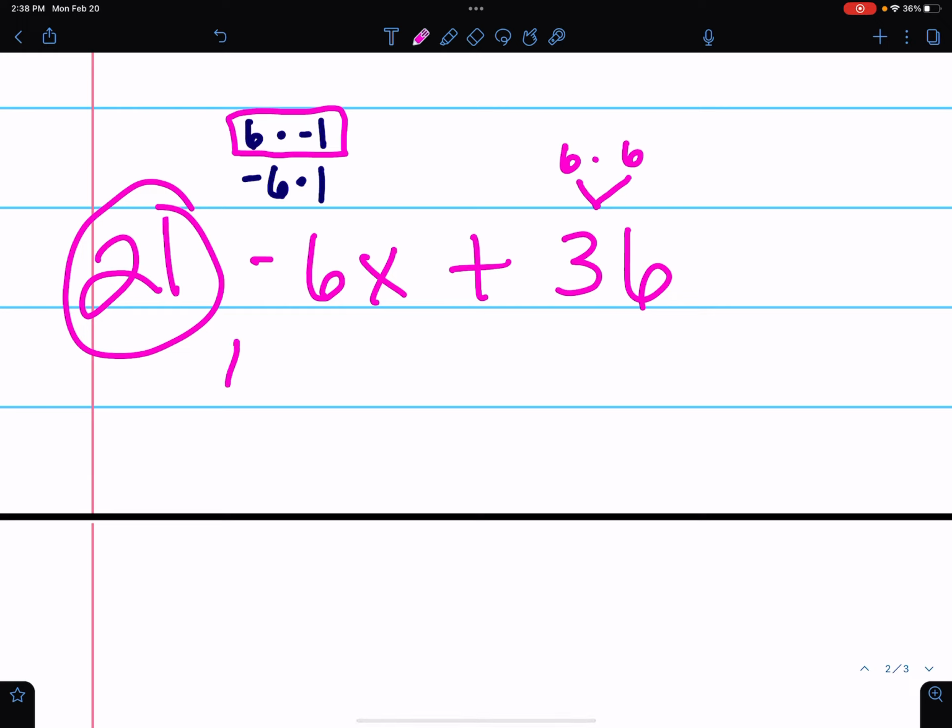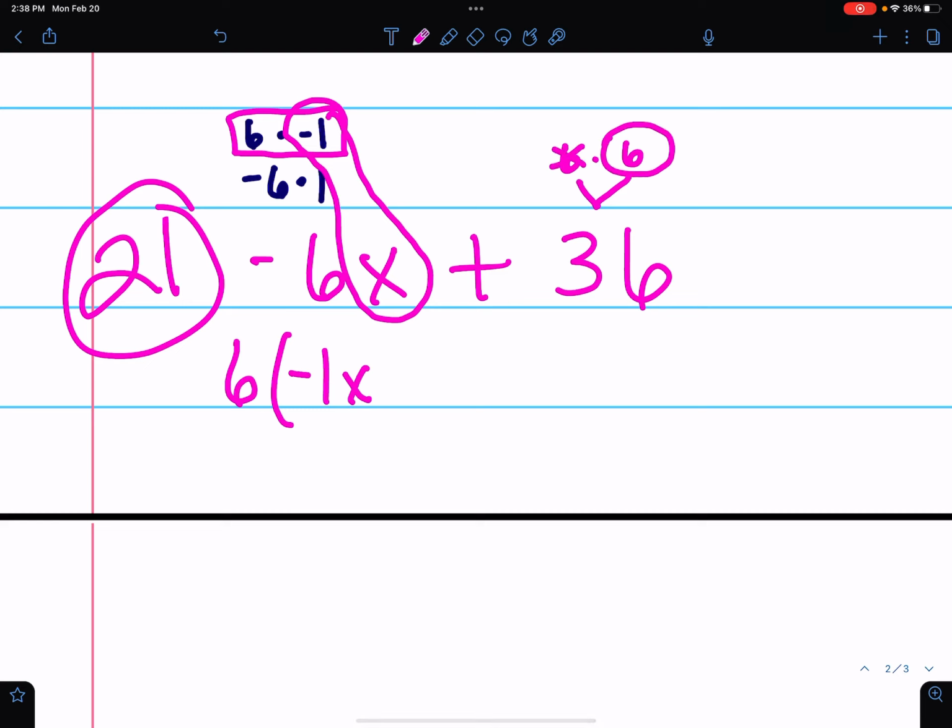So if I factor out a +6, what I have left is a -1x, which you know shouldn't be written with a -1 in front of it, but it can be. And then since I have 1/6 left over here, I'll bring down the +6. So that can be written like that, or that could be written like 6 times -x plus 6. Both ways work.